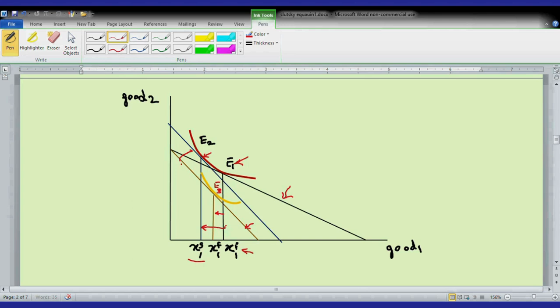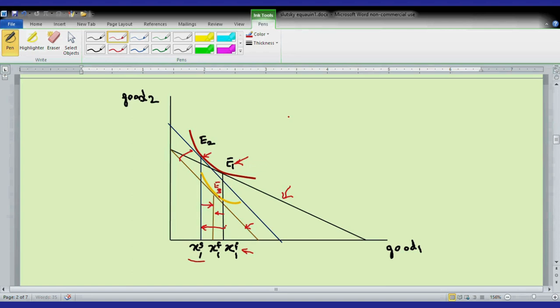Now go into the second round, take the compensation back. It is like moving from a higher budget constraint to a lower budget constraint, and when you do that, your new equilibrium is at point E3, which is on the right hand side of point E2, which indicates that when compensation is withdrawn, that is when income of the household decreases, the consumption of good 1 increases.